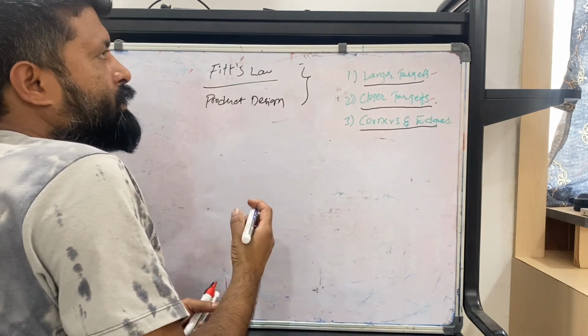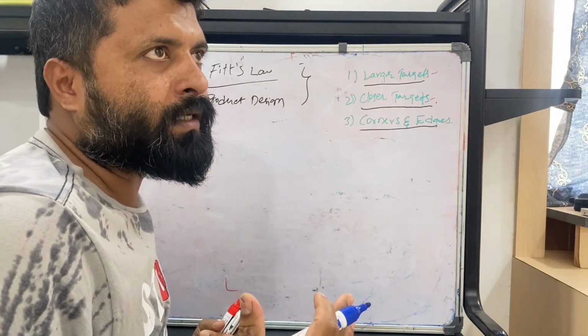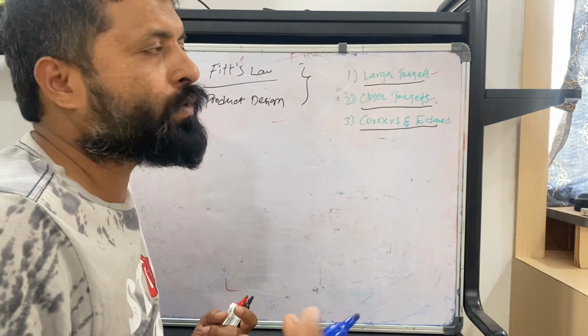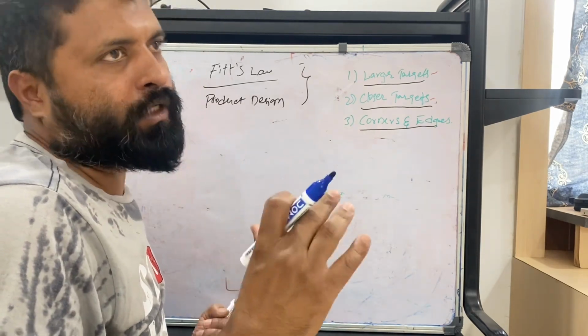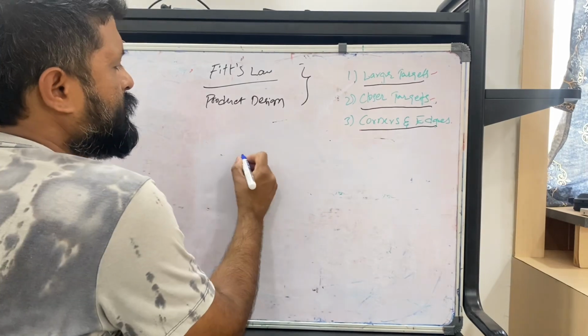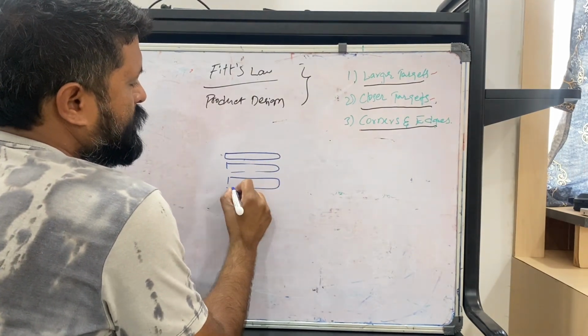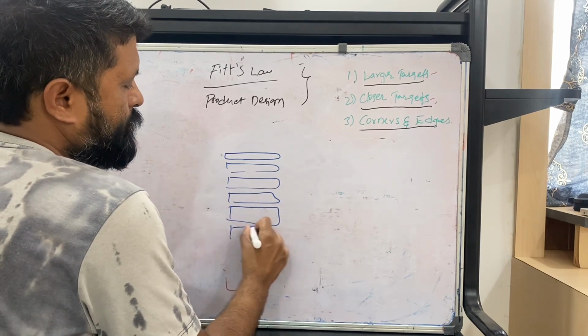Then closer targets. To make the actions, the user can access the buttons easily. So the button should be closer to the form. For example, there is a form. It's a bigger form. It exceeds the device size.